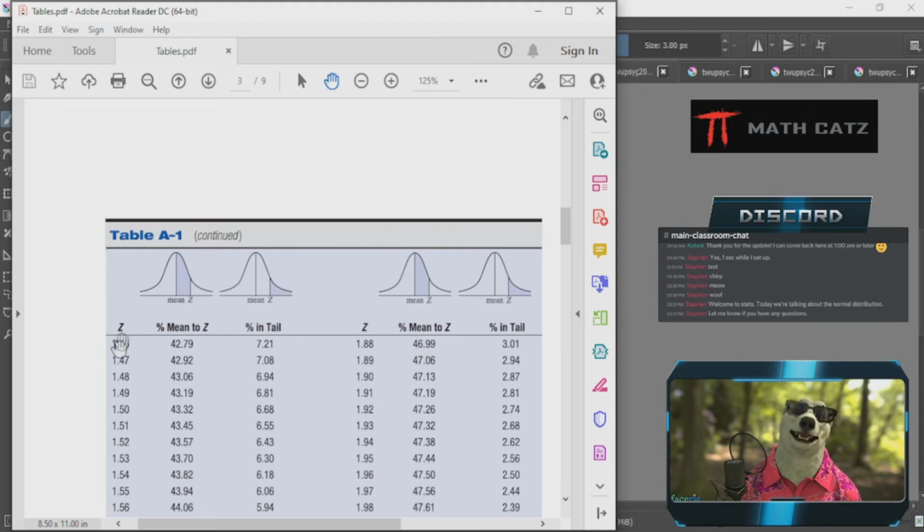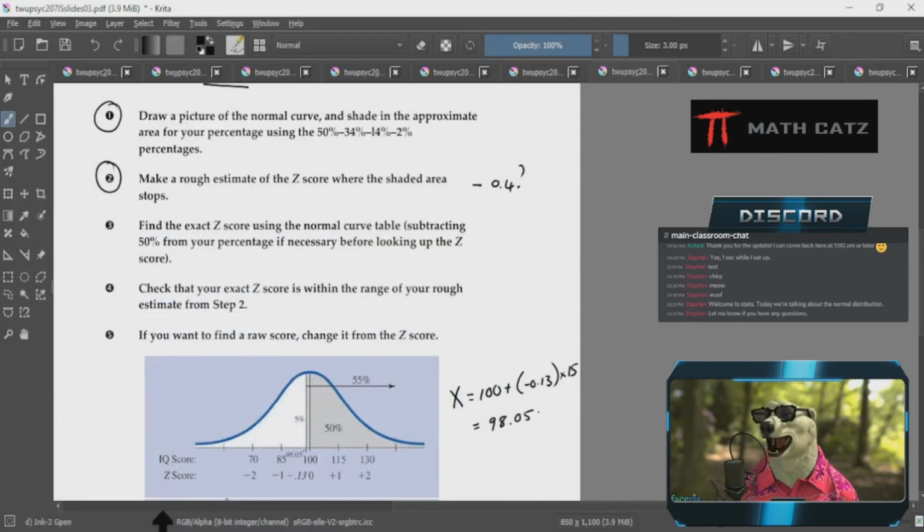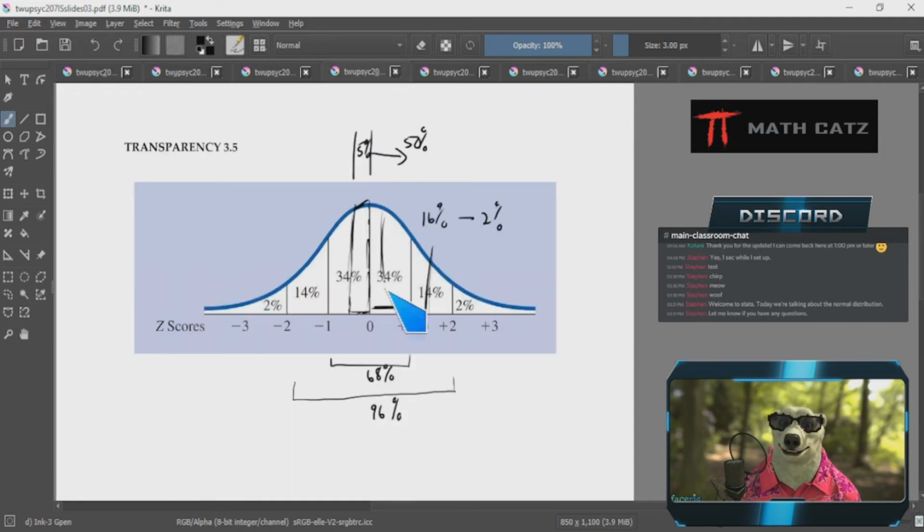It's just so that they don't double up negative values and positive values when the area on either side is the same because of symmetry. So even though I am looking at a 5% on this side, I can also look at a 5% on that side, and these numbers will be the same in size. One's just going to be negative.